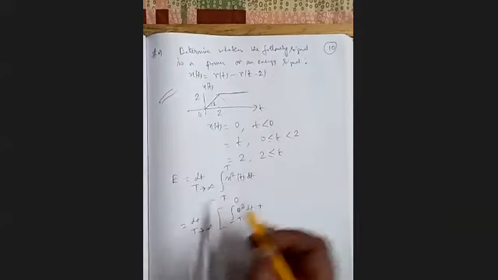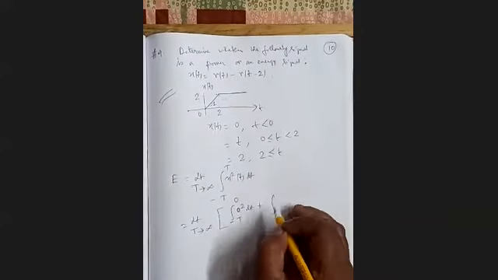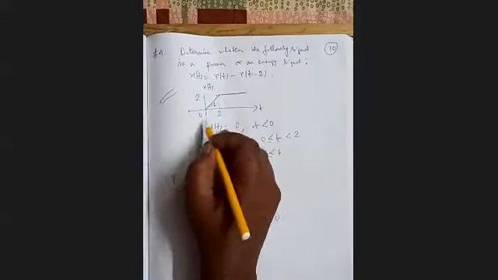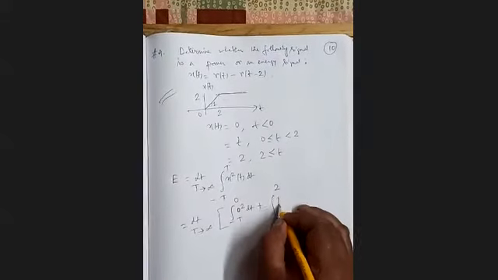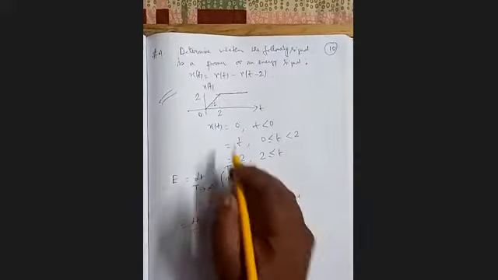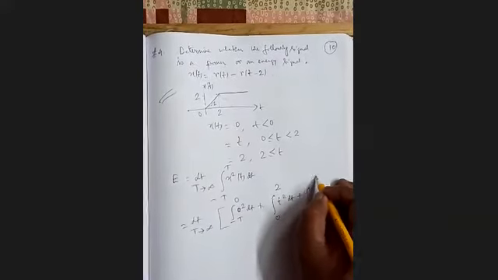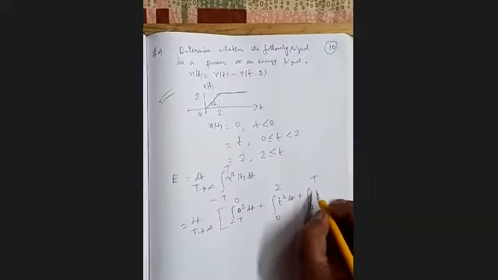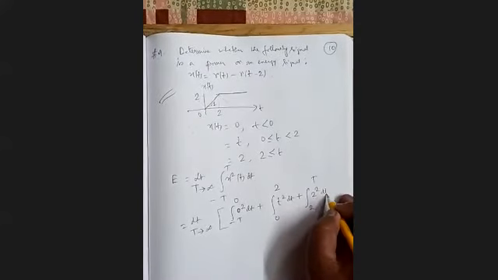Then 0 to 2, our x(t) is t, so t square dt. Then 2 to capital T, rest of the time, it is 2 square dt.